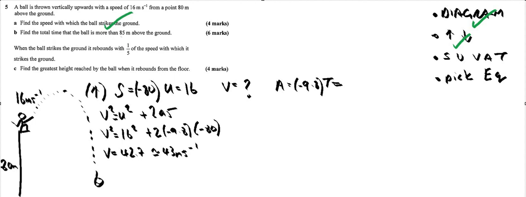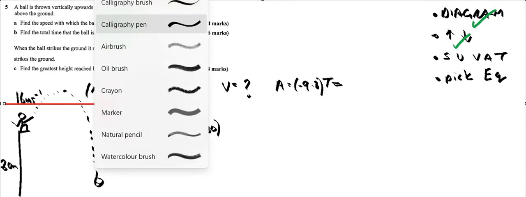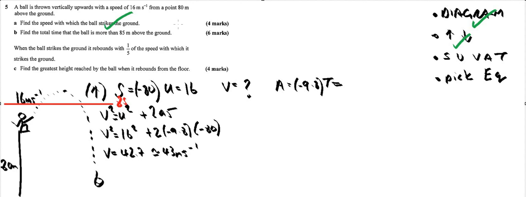Okay, B. Find the total time the ball is more than 85 meters above the ground. So what I'm going to do is draw a line. Okay, that is going to be 85 meters. So how do I work that out? Right, so again, I'm going to go back. I've got a diagram.